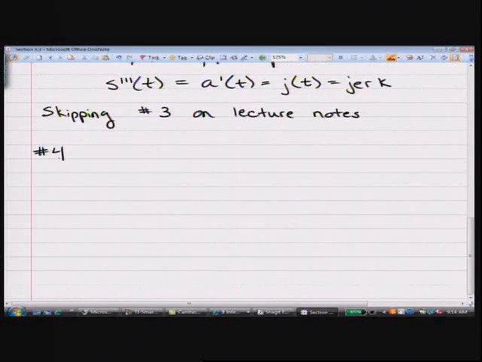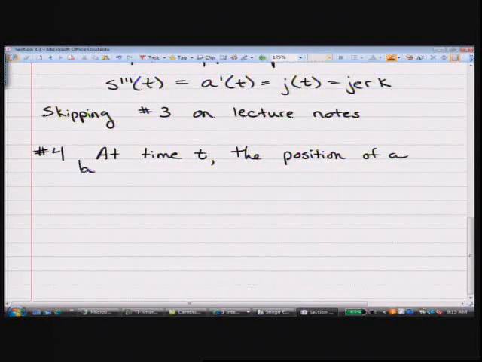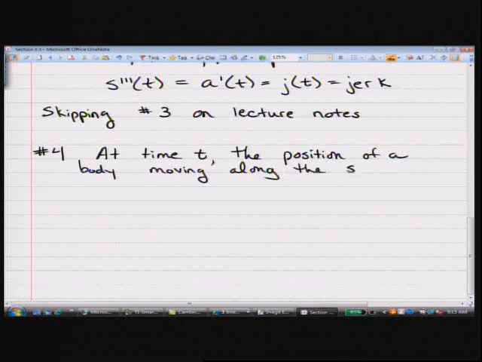Okay, and so if you're looking at your lecture notes, we are told that on number 4, at time t, the position of a body moving along the s-axis. It's weird, but it's like one dimension, the s-axis, all right?